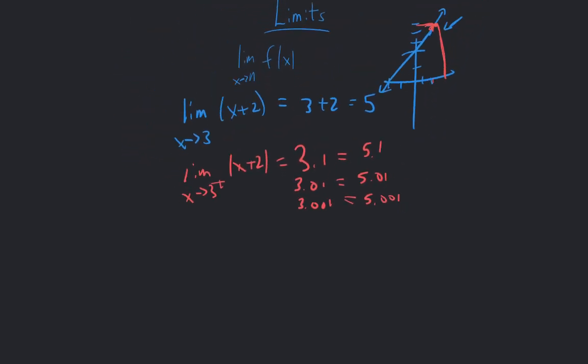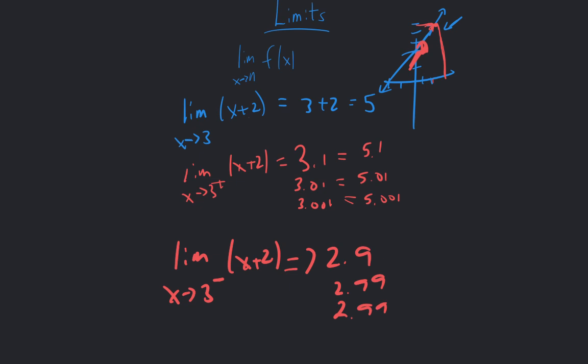Now when we go from the left hand side, we're coming from this direction, and it's written like that with the minus. And now we're going to be plugging in values of x that are slightly smaller than 3. So 2.9, 2.99, 2.999.